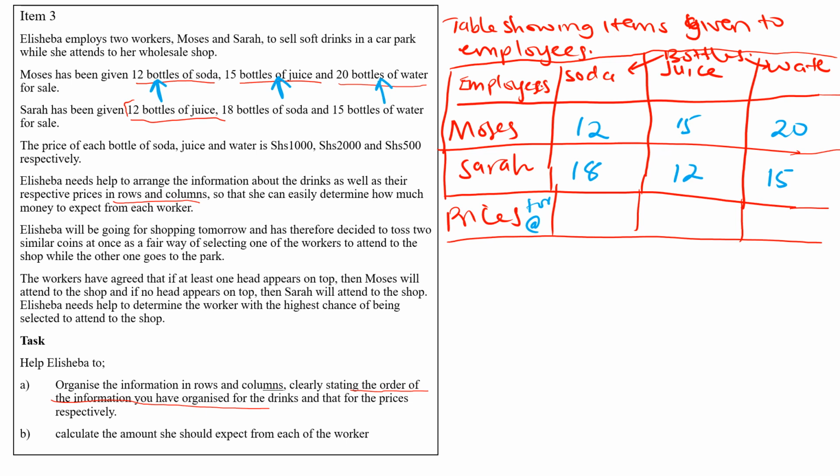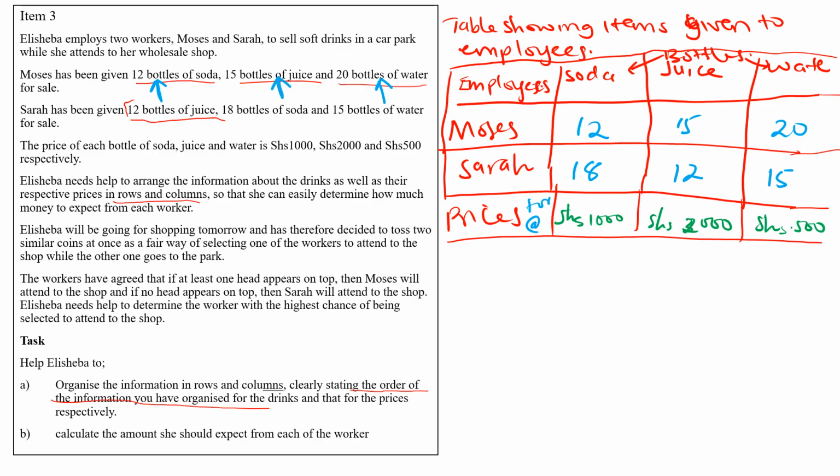So we shall come and say this is 1,000. Then here 3,000. Here we have 2,000. And then here we have 500.